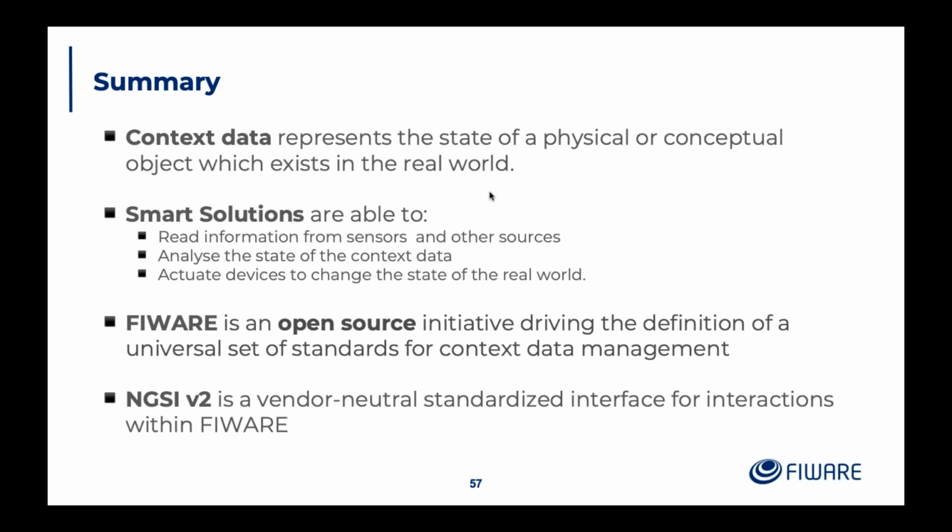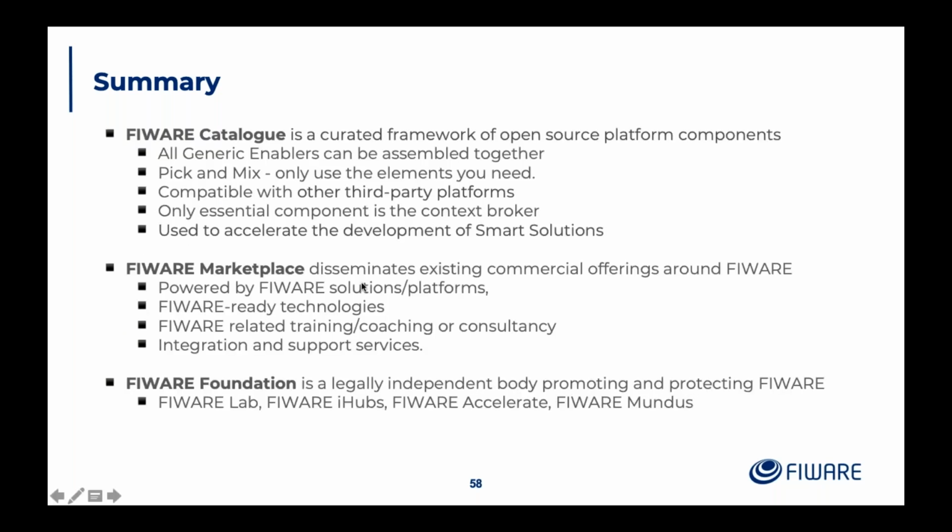If you haven't got context data in your system, it's not us, it's somebody else. Now, the name of this standard is NGSI V2, and it is vendor neutral, so that no one company has got control of it. That is why we are a spin-off foundation, and it is usable for all interactions within the FIWARE technology.